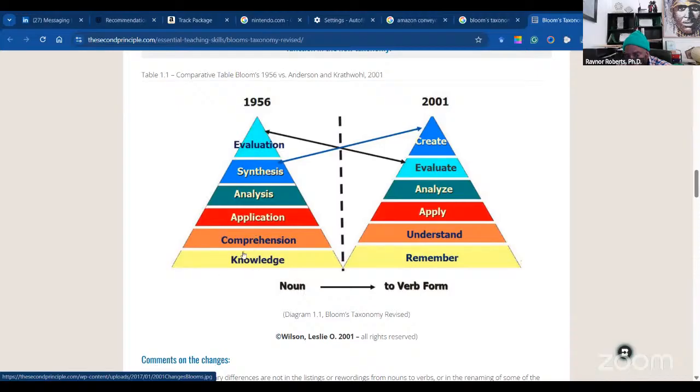We can't assume they know nothing about the unit. Some students may know nothing, some may be here, and some may be applying, right? And that's when differentiation comes in. You cannot differentiate until what?